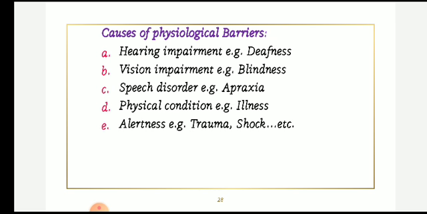Then there is also blur vision. Sometimes people have that problem in their lens, and they are not able to see a clear image. The blurring is there, so it is said to be a physiological barrier for that person.